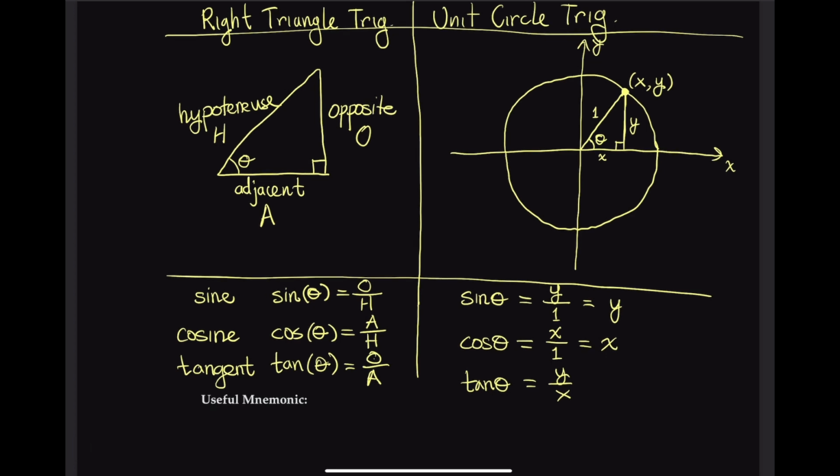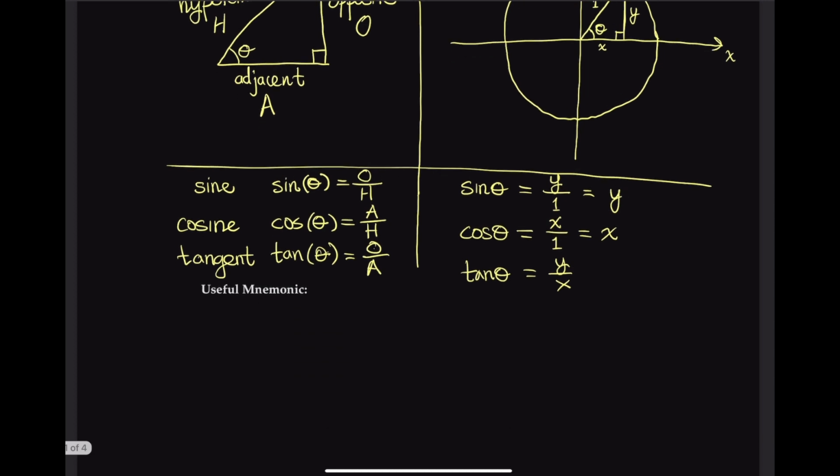Okay, before we go on, I just want to share a useful mnemonic for remembering these ratios. If we look at the first letter of our function here, and then O over H, we'll write that as SOH. And then we'll move on to the second function.